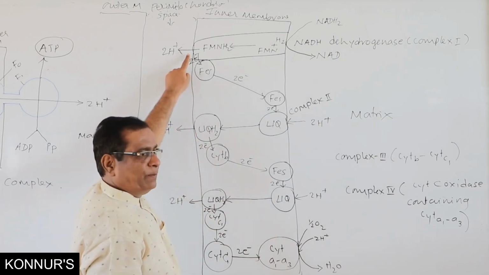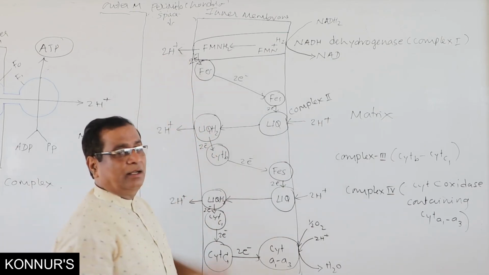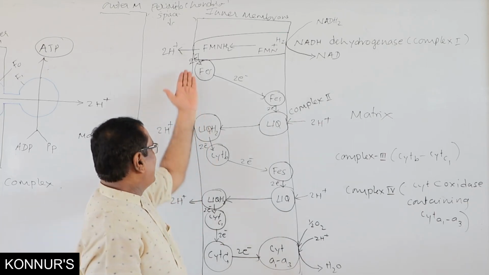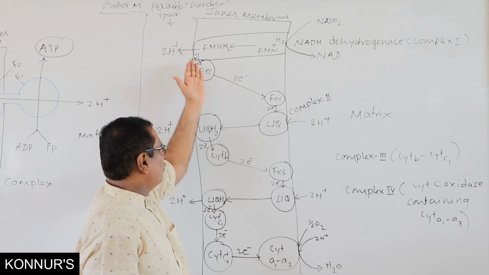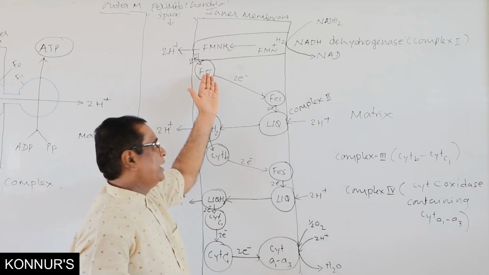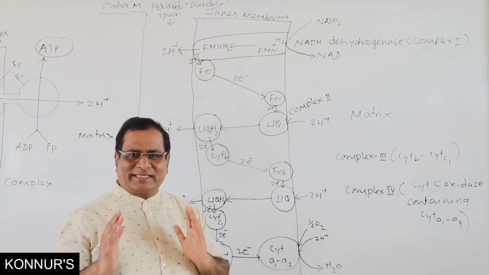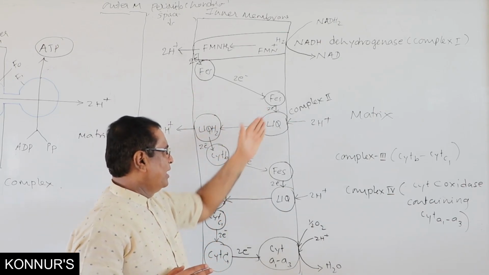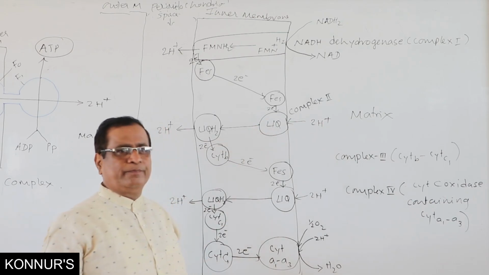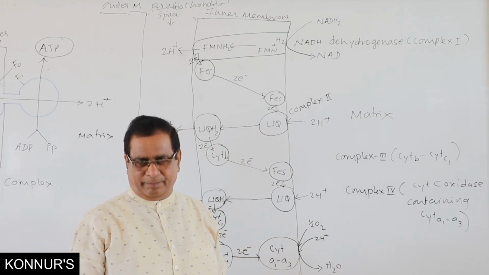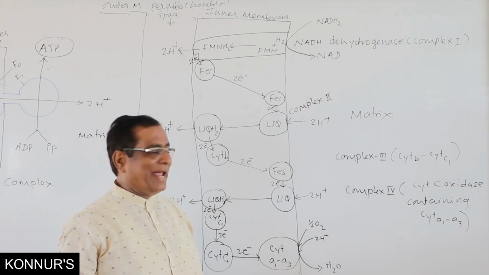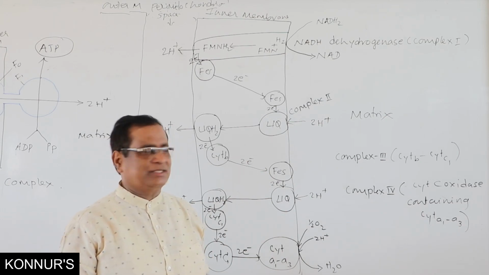That hydrogen splits and protons are pumped into the perimitochondrial space, and electrons move through the inner membrane through electron acceptors like ferrous sulfide, and these electrons come to ubiquinone, and this ubiquinone acts as the second complex.